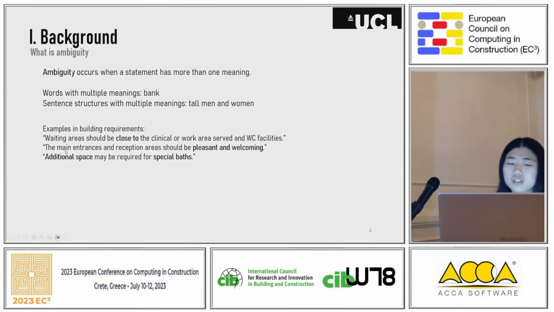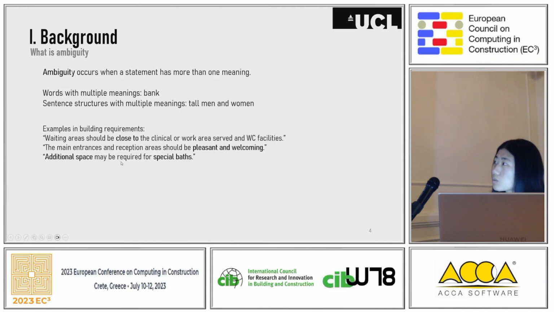Secondly: the main entrance and reception areas should be pleasant and welcoming. It's also the case that pleasant and welcoming can be related to maybe the furniture or maybe the color of the wall, so multiple meanings are possible here.